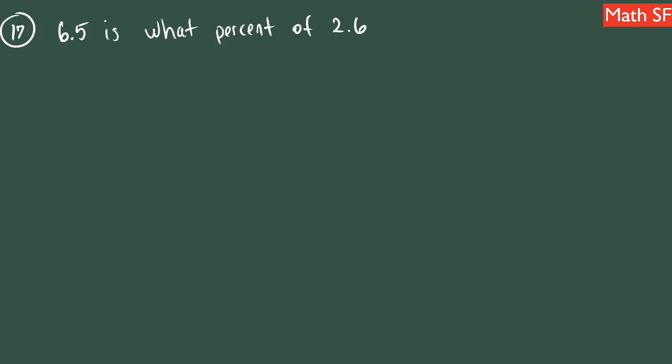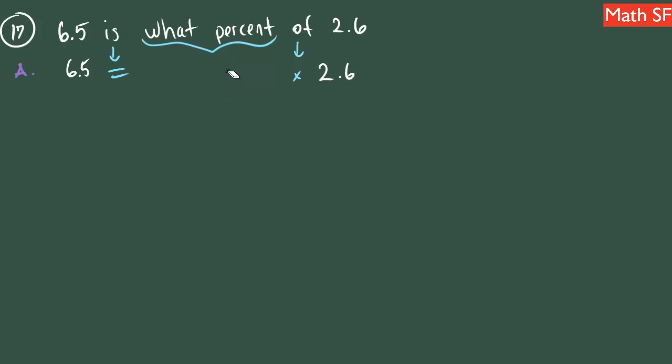Problem 17. So let's keep doing this translation because they're asking you to do that. Part A should be 6.5. E stands for equal. What percent? So that's just going to be a box there. Of stands for multiplication, and we have a 2.6. So you ask yourself once again, what am I missing?